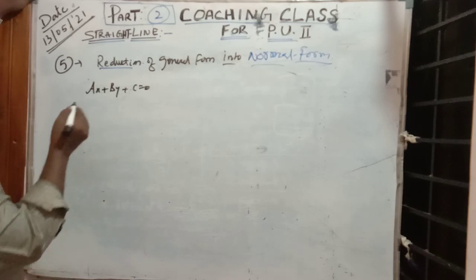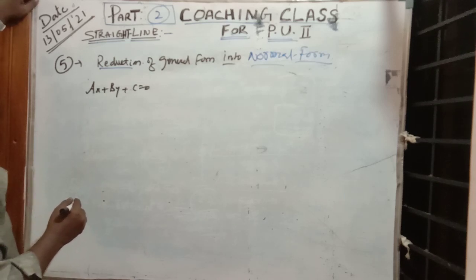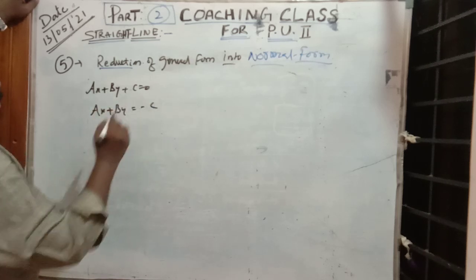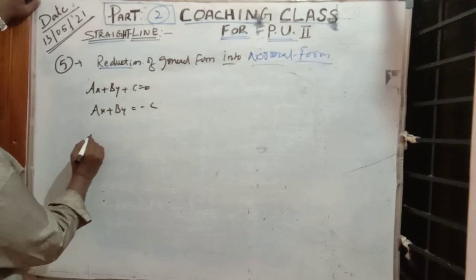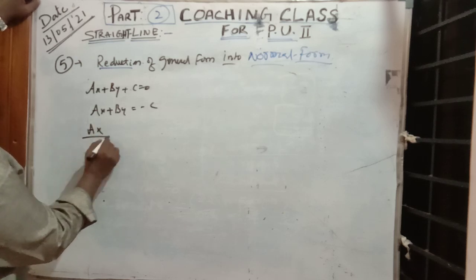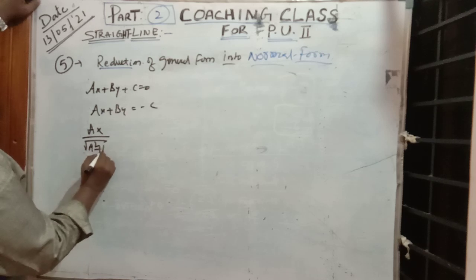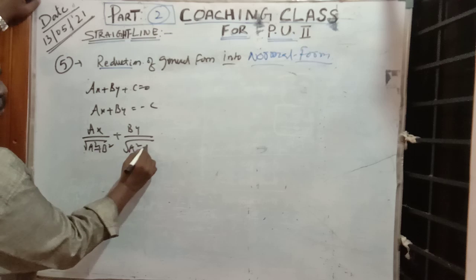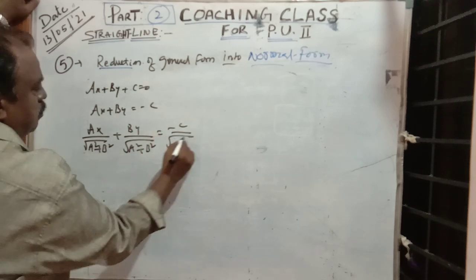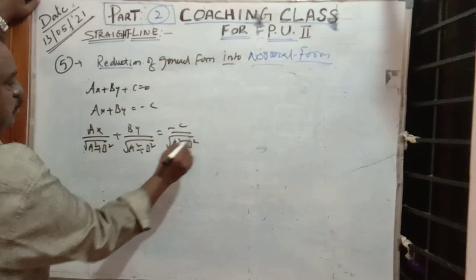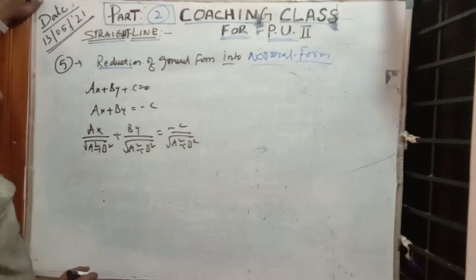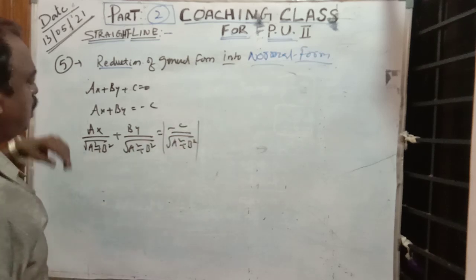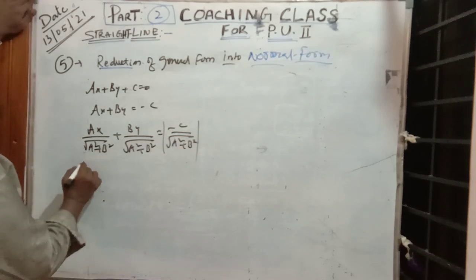So it is ax plus by is equal to minus c. I have to divide with root of a square plus b square, giving ax by root of a square plus b square plus by by root of a square plus b square is equal to minus c by root of a square plus b square. I put it in the modulus.